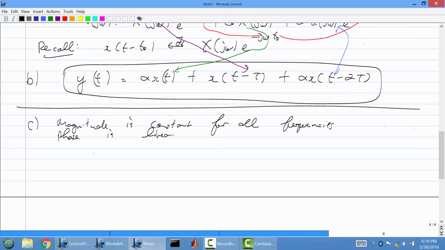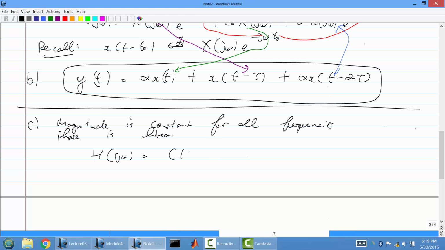All right, so this is what we had before. This was 1 plus, not 2, but alpha. If you take a look, this would be the magnitude, and this here is the phase.